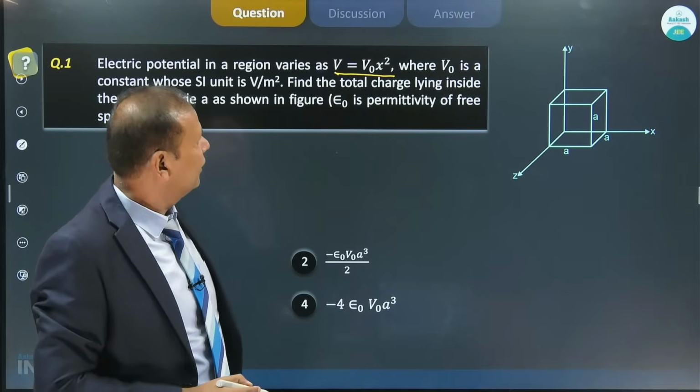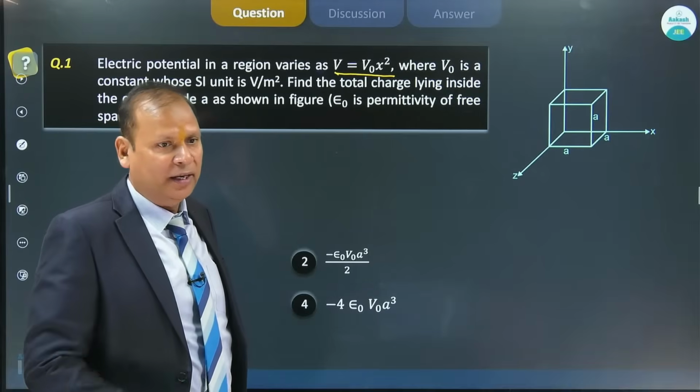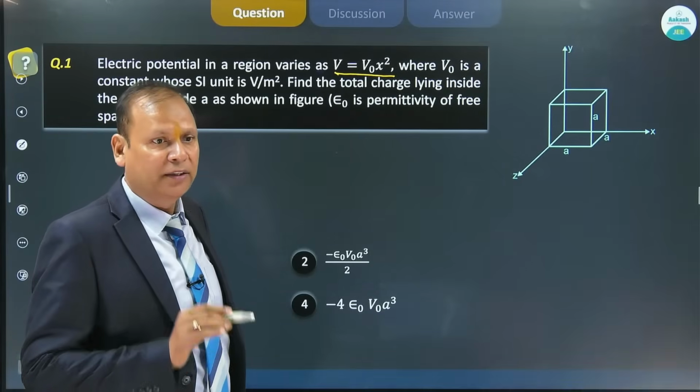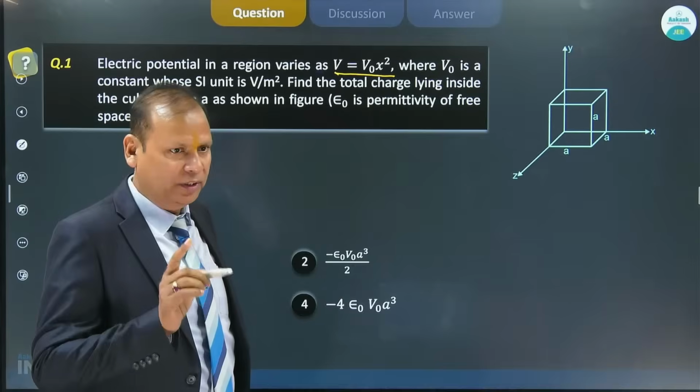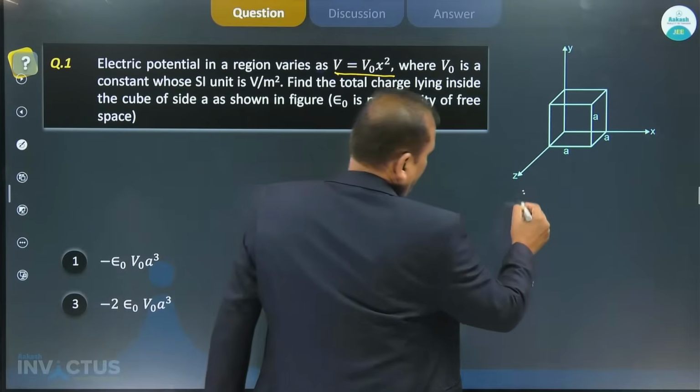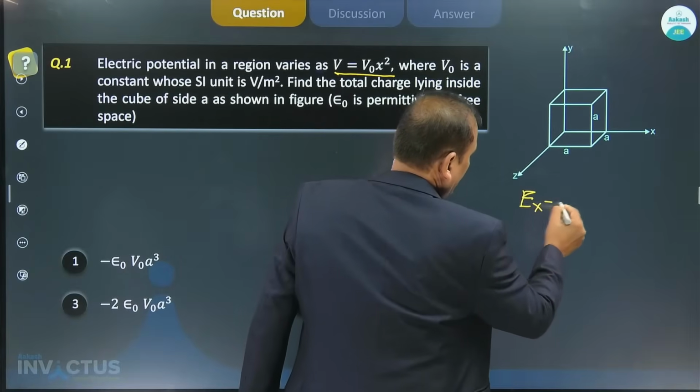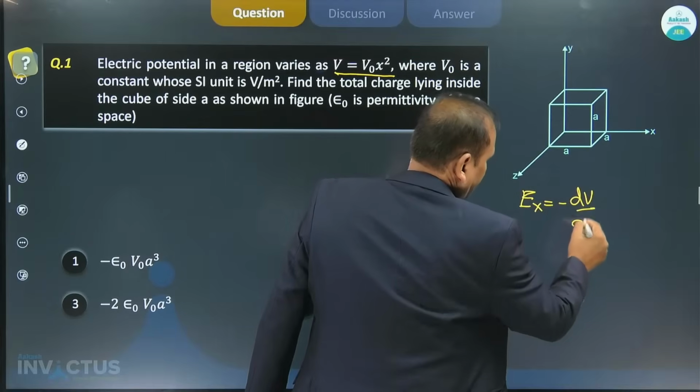This means the electric field will be in the direction of x only, that is Ey and Ez have to be 0. So Ex is equal to minus dV by dx.